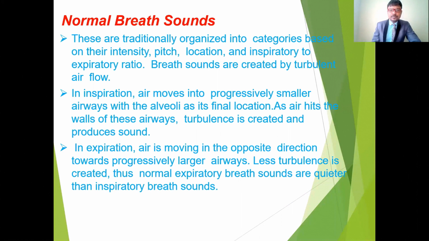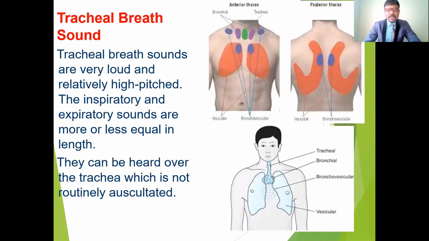So what are the tracheal and bronchial breath sounds? Of the four sounds, there are tracheal, bronchial, bronchovesicular, and vesicular sounds. Tracheal breath sounds are very loud and relatively high pitched. The inspiratory and expiratory sounds are more or less equal in length.